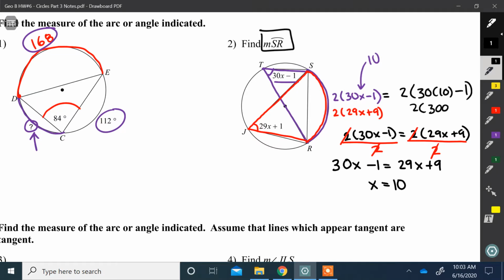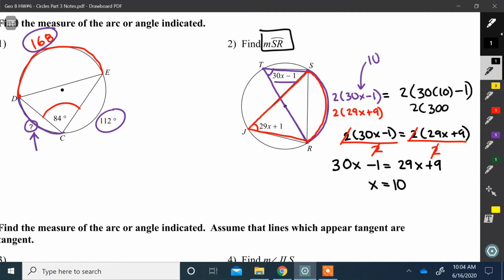Let me see. So I set up the equations correctly.